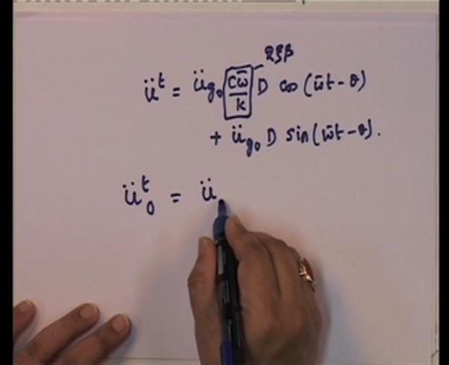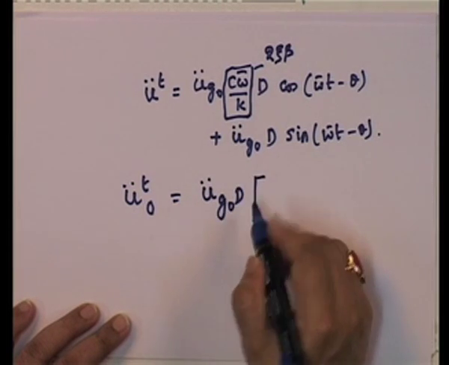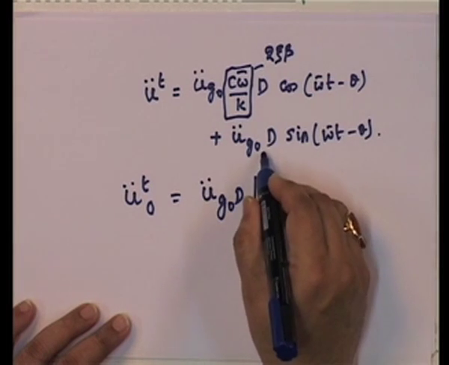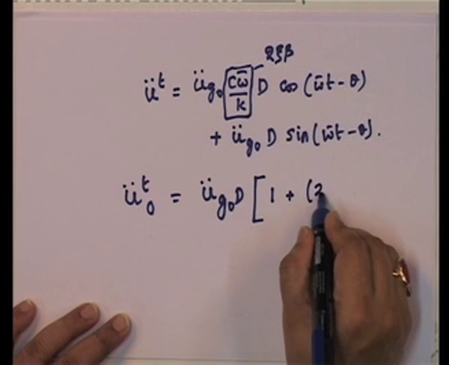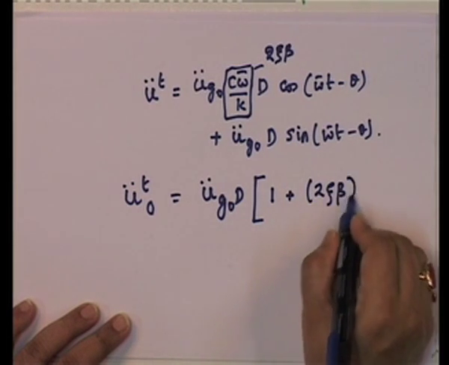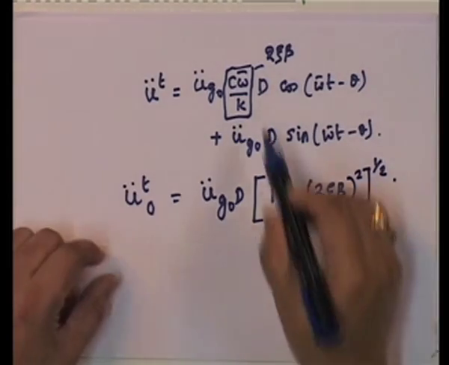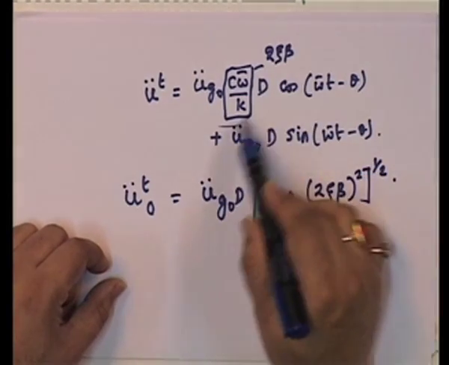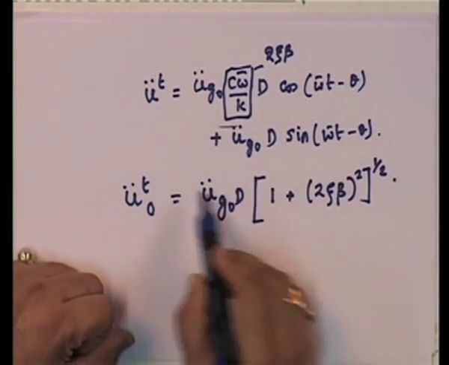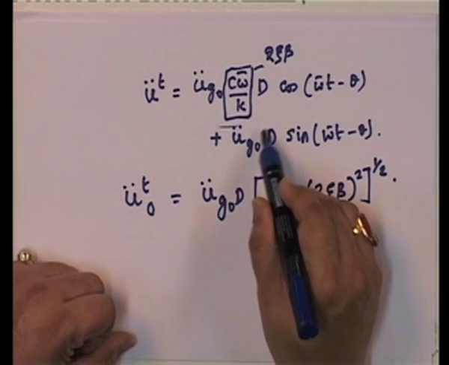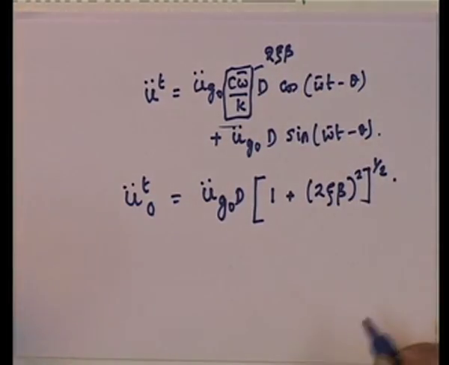So, I got this into d, and inside I have 1 squared plus 2 xi beta squared, square root. This squared plus this squared under root. So, since I take u g 0 outside, all I have inside is 1 squared plus 2 zeta beta, the whole squared, square root.